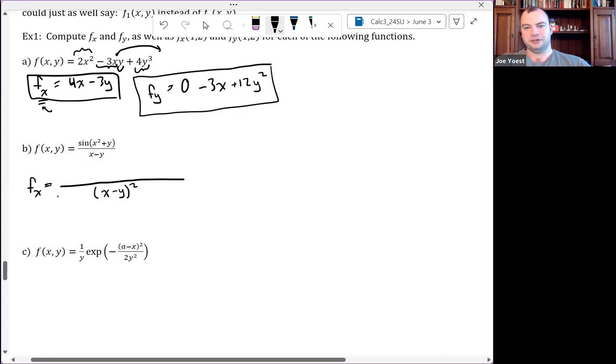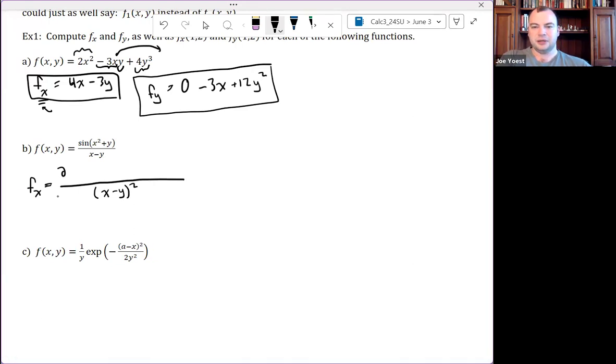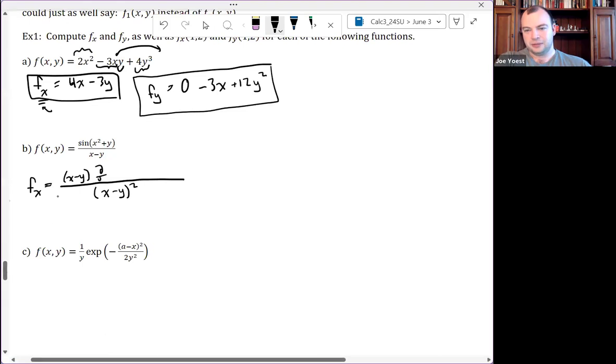And I have bottom times the derivative of top, so d by dx, derivative of top, minus top, partial with respect to x, of bottom, x minus y.